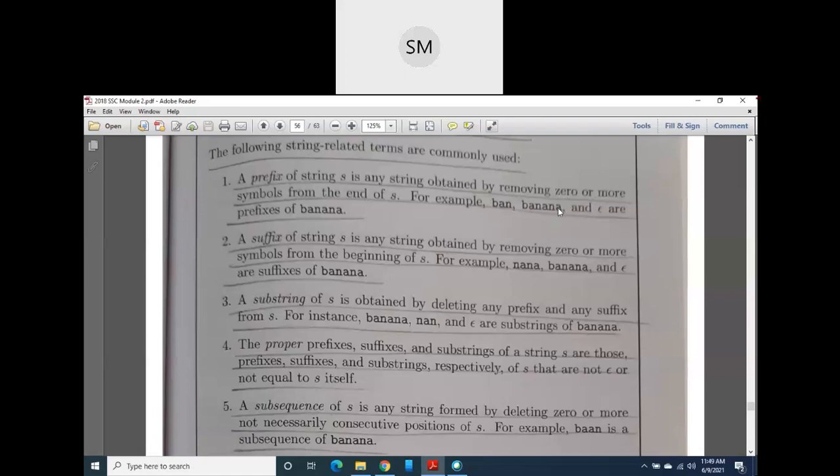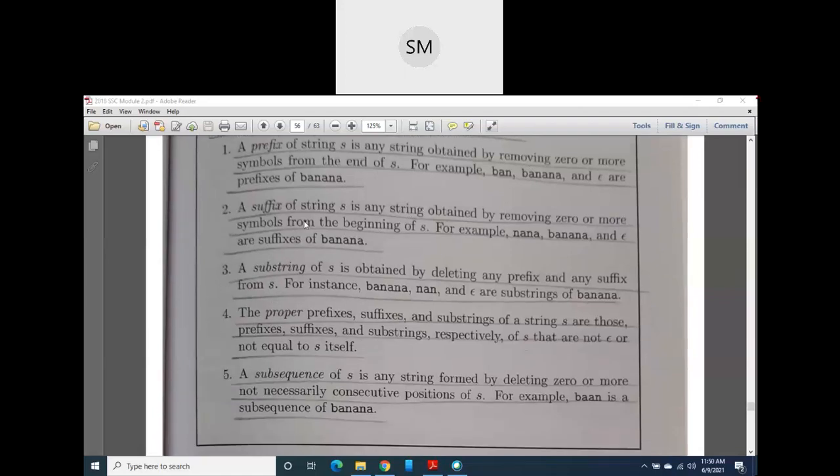So you have not removed anything here, so this string is also considered a prefix, and the empty string is also a prefix. Since you have not removed anything, and if you removed all 6 characters from the banana string, then epsilon, which is the empty string, will be present. That is also a prefix.